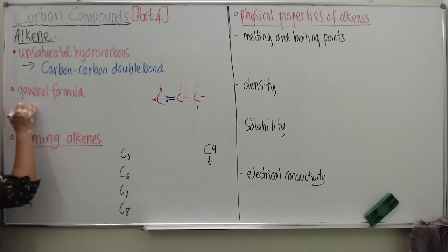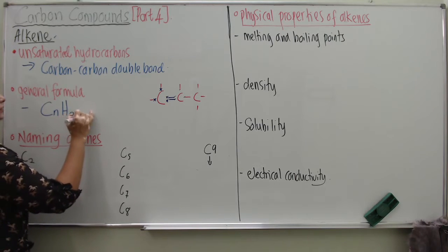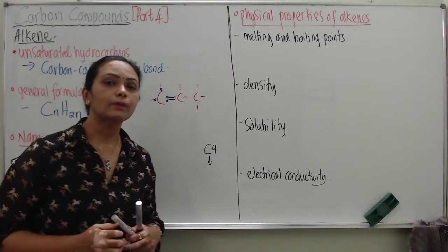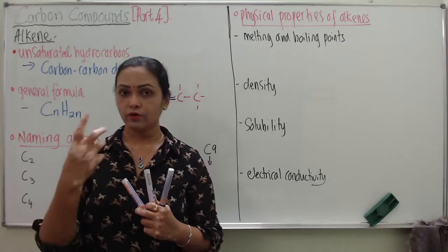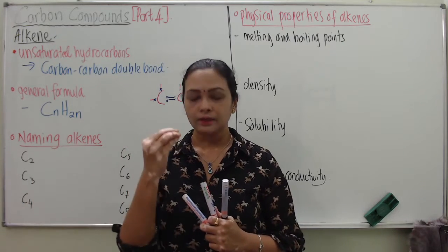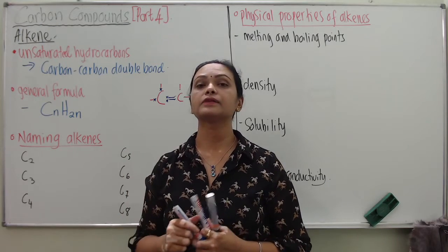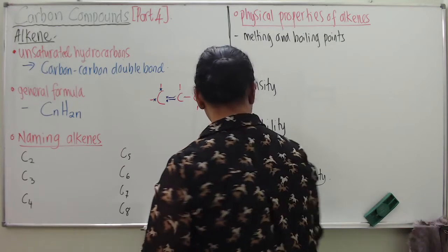The general formula of alkene is CnH2n. So you will find that the amount of atoms in the molecule of alkene is lesser compared to the amount of atoms in alkane. For instance, the teacher gives you one example.